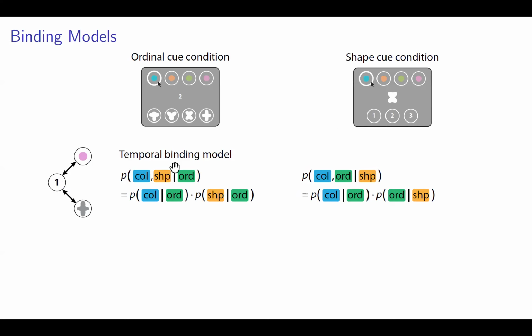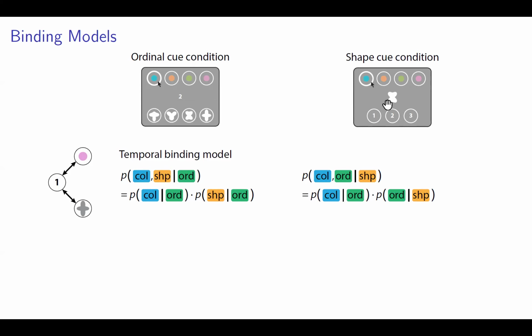In the temporal binding model, so binding via the ordinal position of the item that is presented, we would expect that if we have to use this ordinal position in the ordinal queue condition to retrieve both features, we do so separately. So the probability of having a certain combination of color and shape response given the ordinal position is just the product of the individual response probabilities.